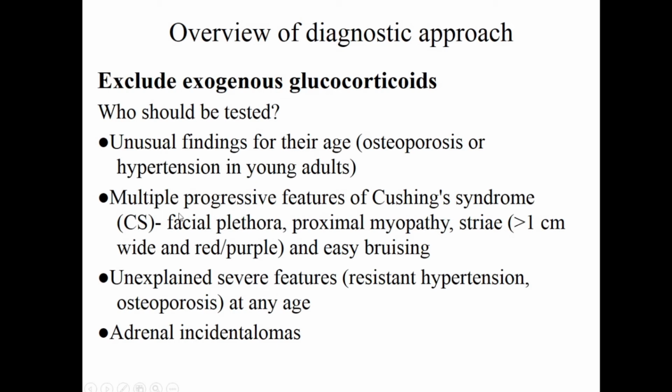Then, patients who come with features of Cushing's syndrome like facial plethora, proximal myopathy, purple striae, easy bruising. Also unexplained severe features like resistant hypertension.